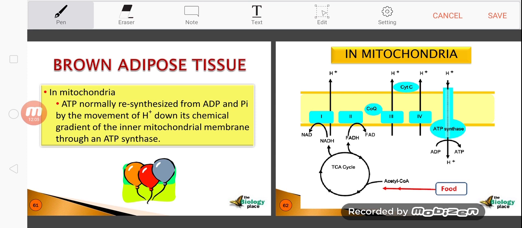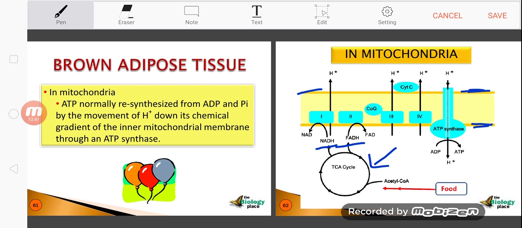The Krebs cycle happens inside the matrix of mitochondria and produces the byproducts NADH and FADH2, and this NADH and FADH2 will undergo oxidative phosphorylation. That is actually at the mitochondrial membrane.